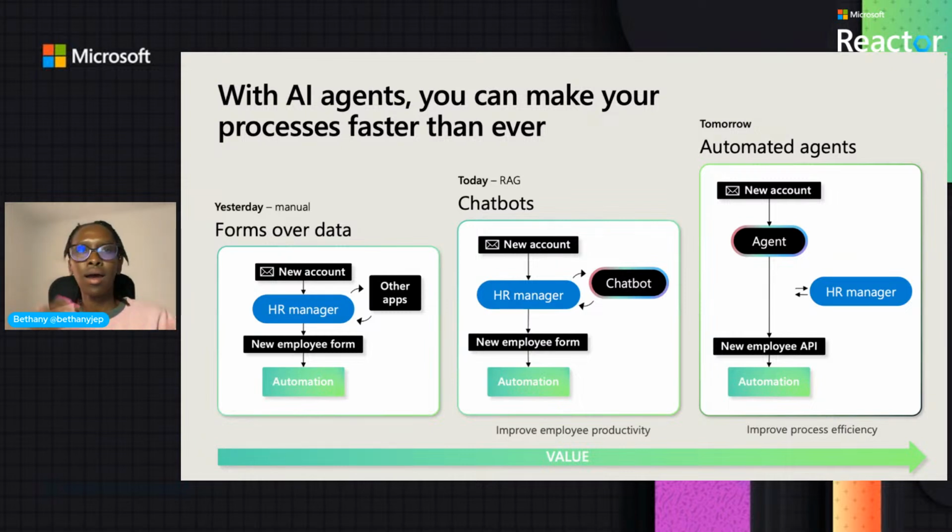You just have that one API and have it automated. So that's an example of how you can use automated agents. Now the HR manager only decides, should this form go to this person, approves, and goes on, instead of manually doing the process.